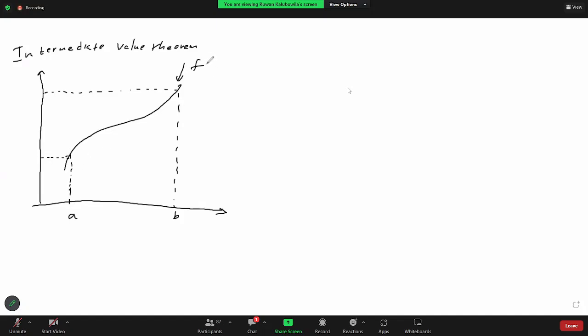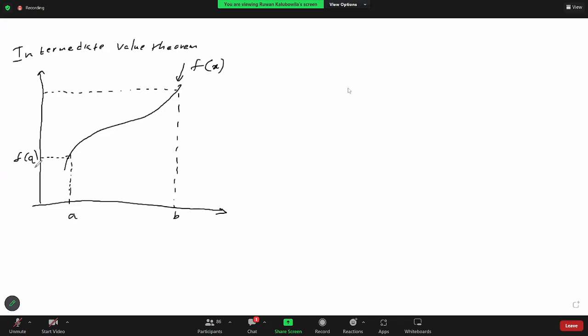The function is F. If you need to find the y value, just apply A to this function.